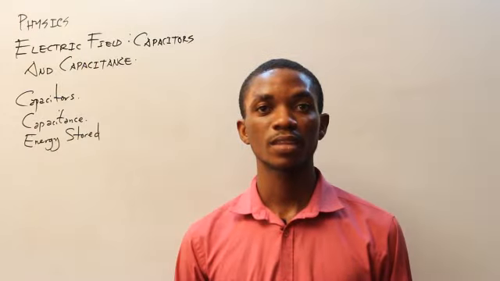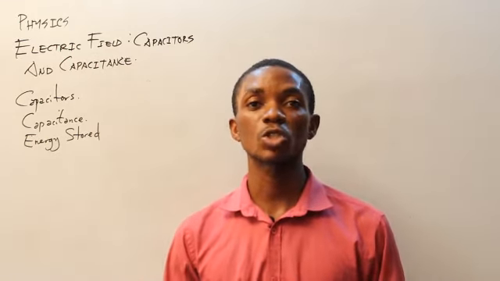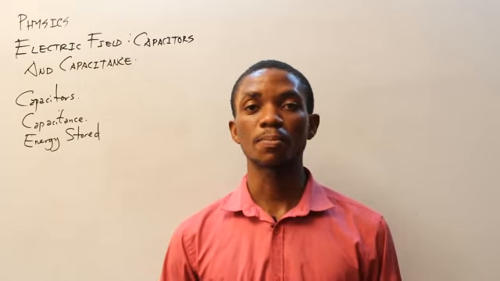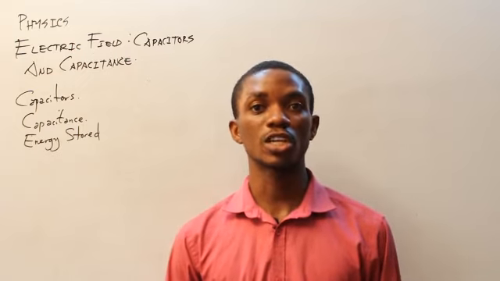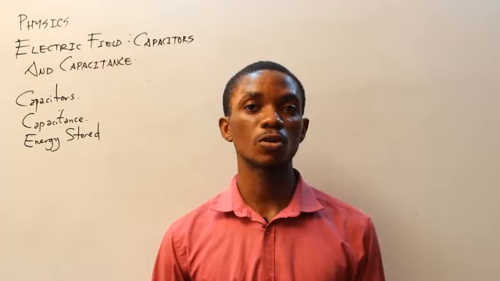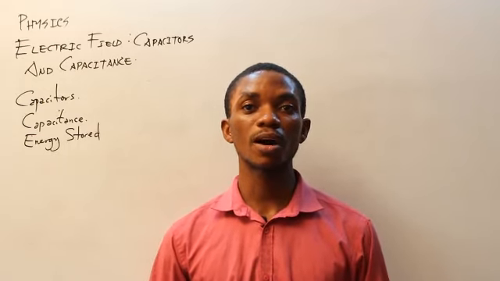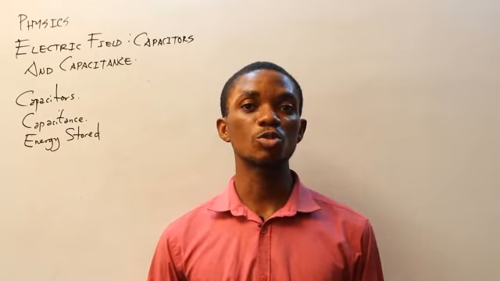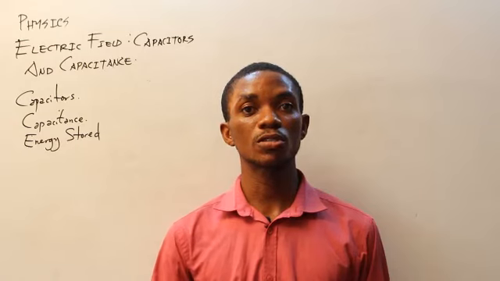Welcome back. We've talked about capacitors and we've described them as an electrical device for storing charge. So, what is capacitance? The capacitance of a capacitor is the ability of the capacitor to store charge. It is what gives the capacitor the power to store charges, and it is dependent on a couple of features, such as the distance between the plates, that's the conductors.